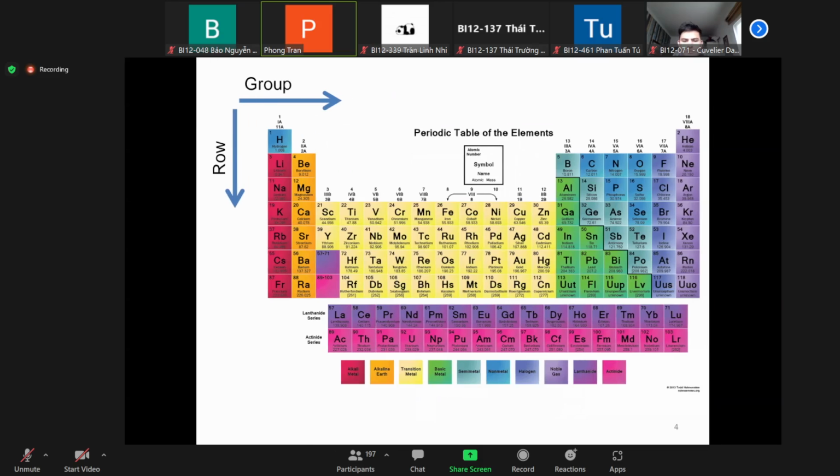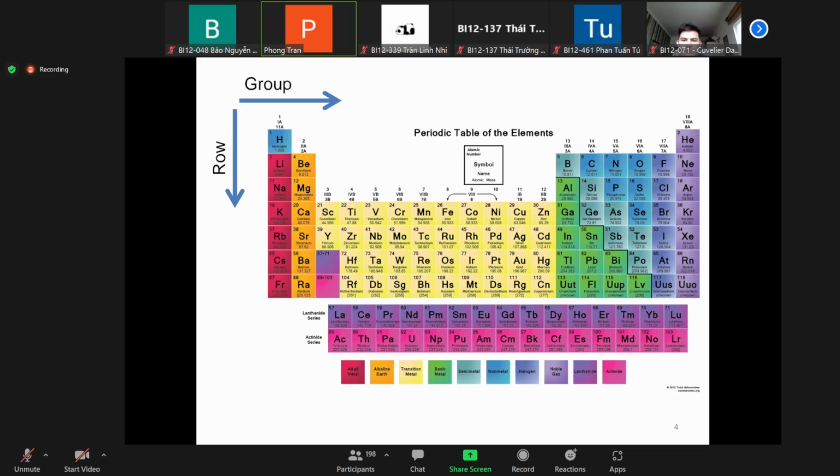To recall, in the previous lecture, we learned about the periodicity of the elements. Here is the most updated periodic table of elements. You can see the concept of groups of elements: group 1A, 2A, 3A, and so on, and group 3B, 4B, 5B, and so on.